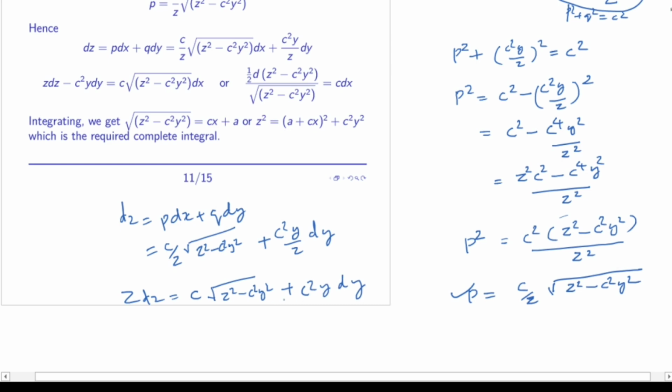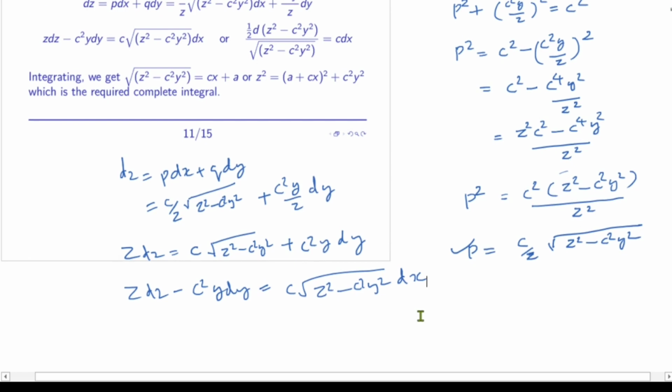So here we can see these variables almost separated. So also we can maybe take this as z dz minus c square y dy equal to c into square root of z square minus c square y square into dx. So now you can take this as one side, equal to c dx.